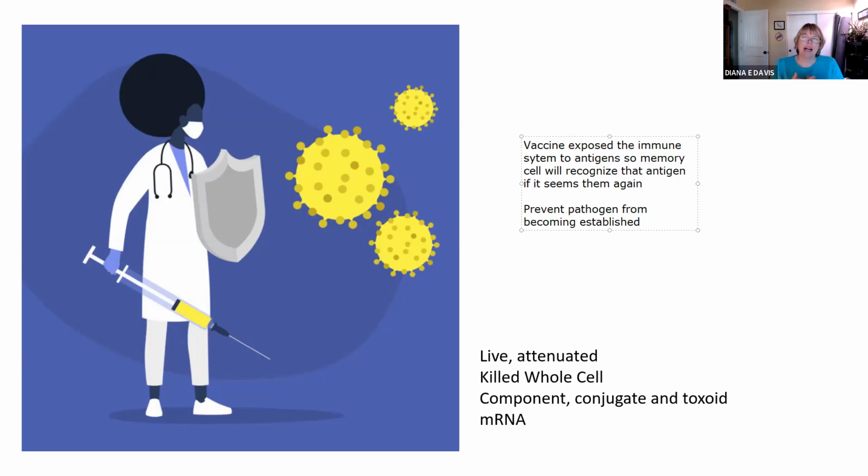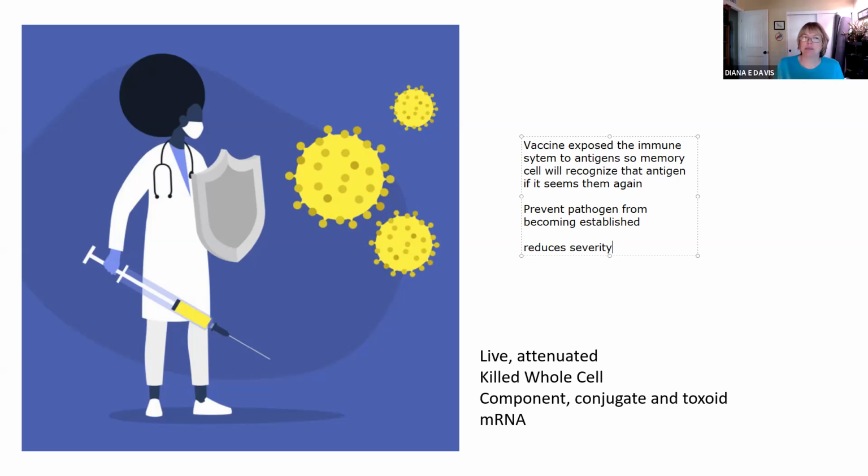So I say from becoming established because we're not preventing an infection. What we're doing is we're preventing it from becoming severe. So it reduces the severity. And a good vaccine with a healthy immune system can often reduce the severity to the point where you don't even know you got the disease.